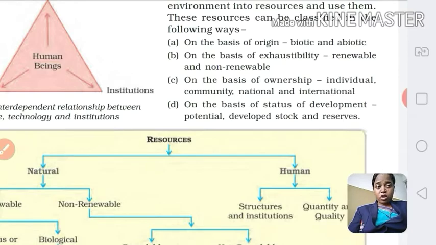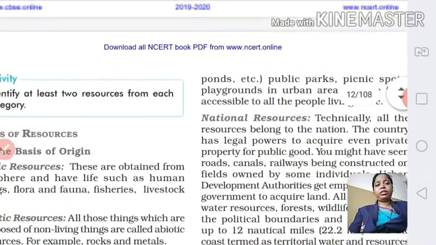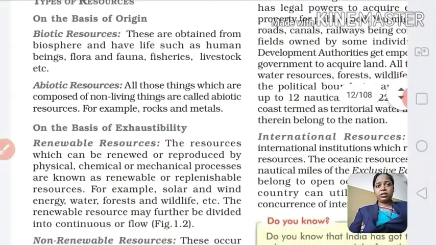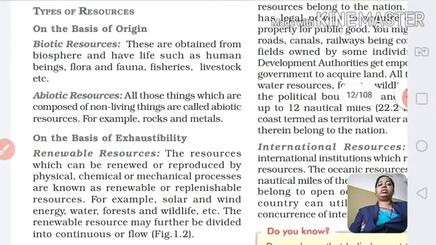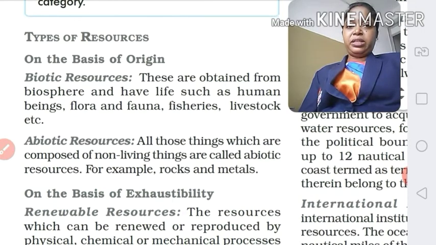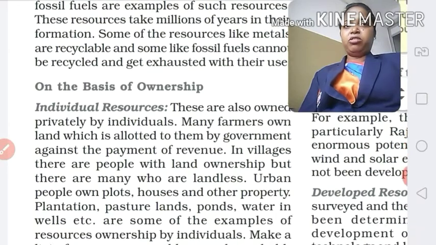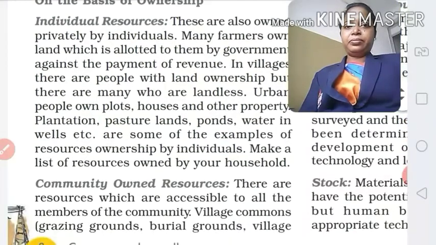Let's have a quick look at this also, which gives us a greater way of classification of resources. Okay, so you can say those classifications are the types of resources also. So let's go with the types of resources which we just now discussed. Those are on the basis of origin, exhaustibility, ownership, and state of development, right?